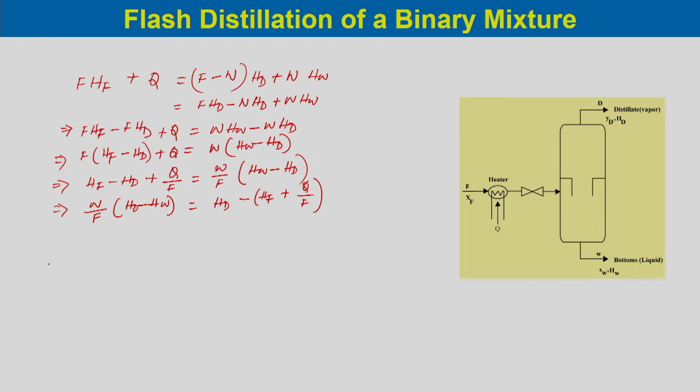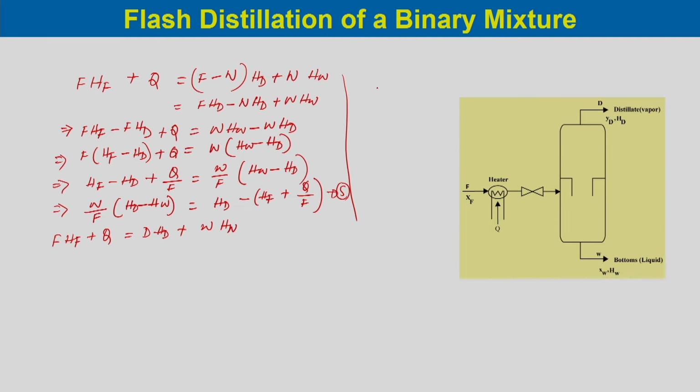Now, if we write the same equation again, F HF plus Q would be equal to D HD plus W HW. Say this is equation 5.